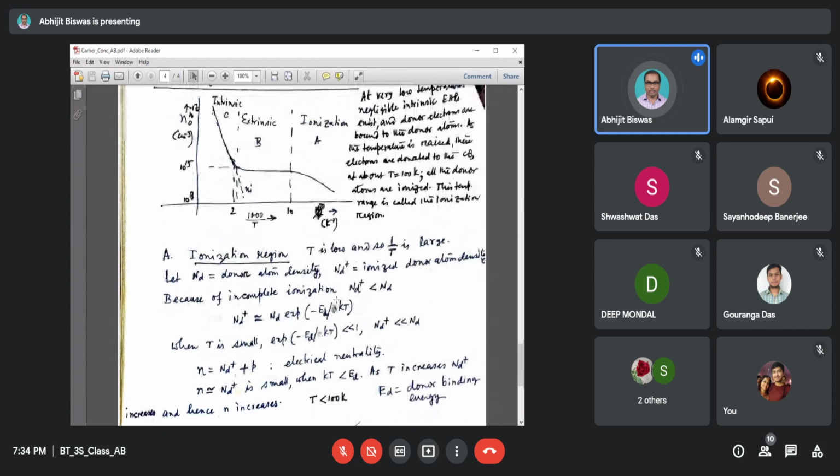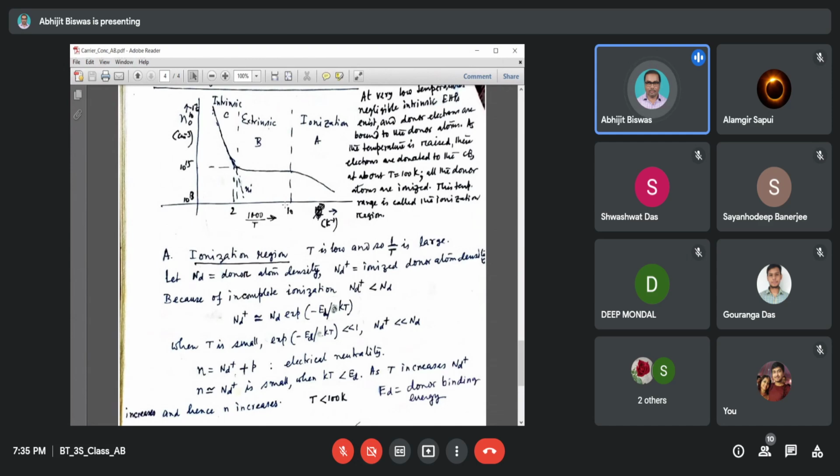So now I come to region B, when the temperature is say 100 degree Kelvin to around 500 degree Kelvin. Once all the donors are ionized, there is no donor left, so the electron concentration will remain at the same level. Say here it is 10 to the power 15. This region is designated by B and it is called the extrinsic region.